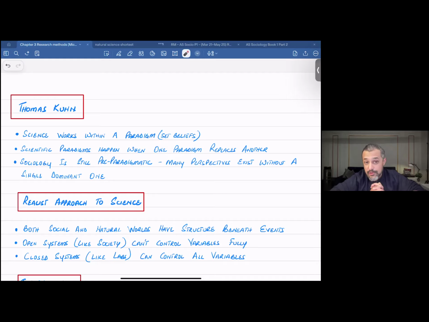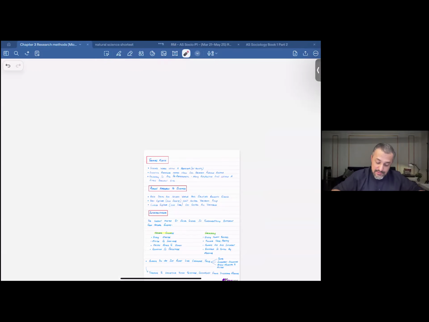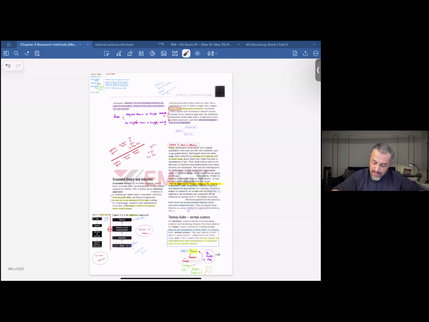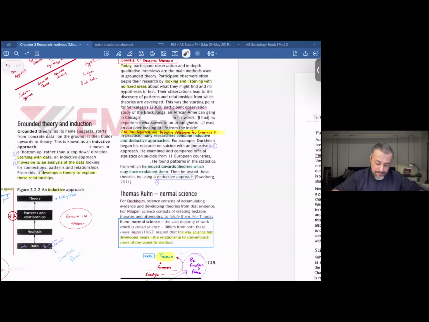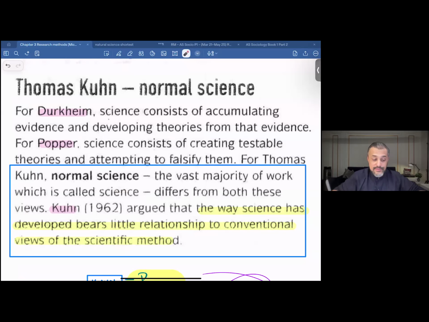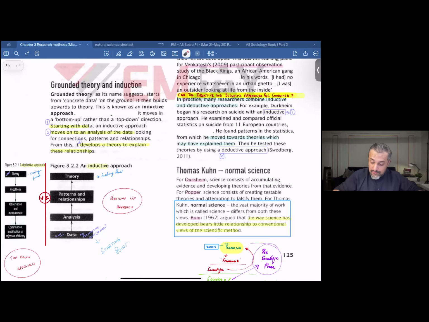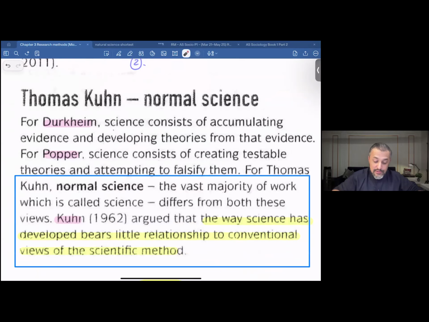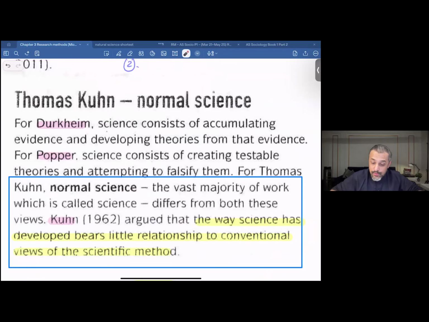According to Thomas Kuhn, a paradigm is a set of ideas that are by and large believed by scientists. I've opened page number 125 from your student book, which students refer to as the purple book.